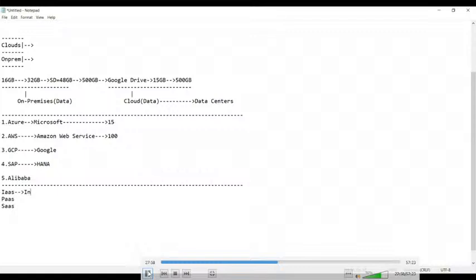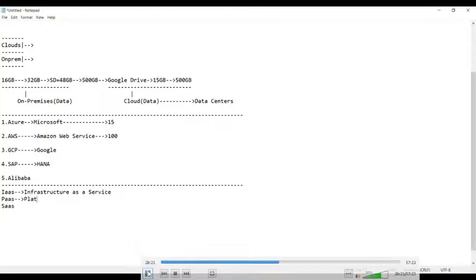IaaS stands for infrastructure as a service. And what do you mean by PaaS?